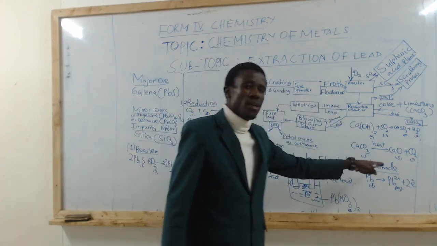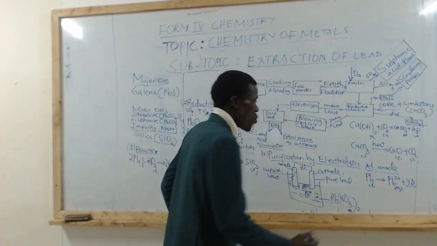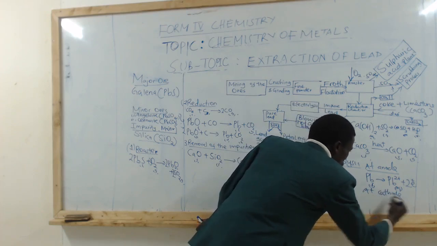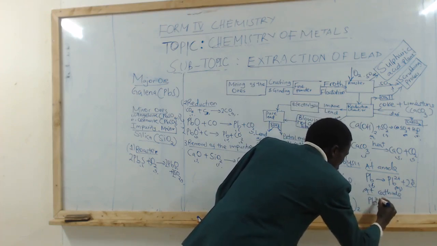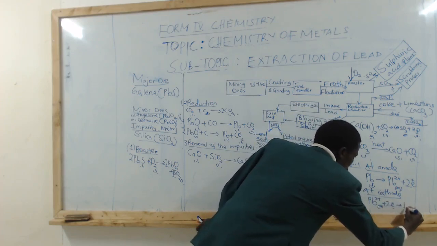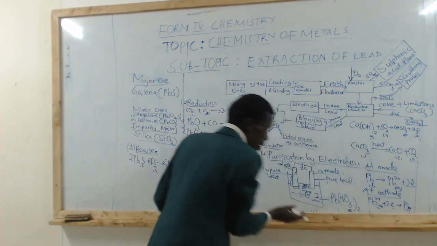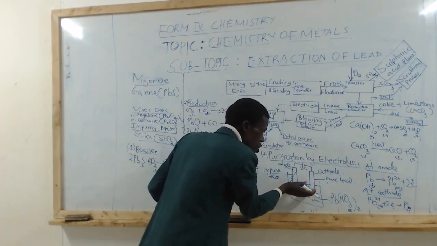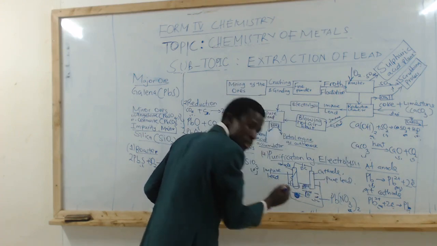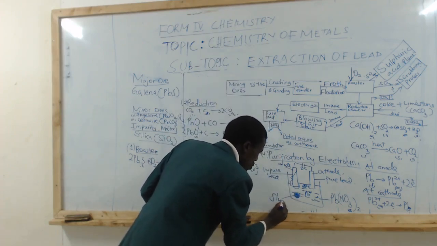Now the ions, being positive, migrate to the cathode, where lead ions are reduced to form pure lead metal. As the lead ions migrate towards the cathode, they leave behind the impurities. In this case, these impurities are known as sludge.